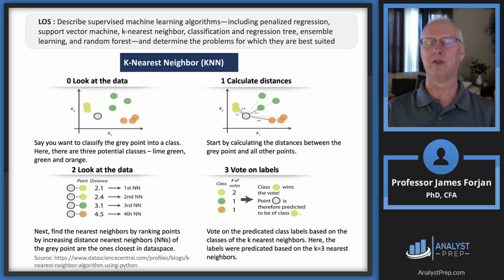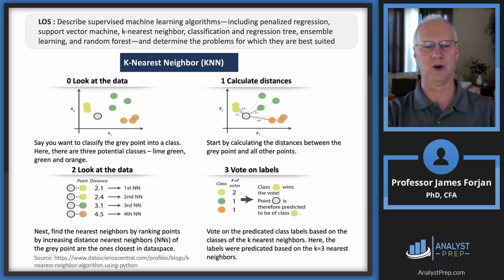And so what happens is that we just get out our ruler. Think about how simple this is, at least to start out conceptually. We get out our ruler and we compute the distance between the gray point and all other points. Now here it's just a handful of points, but imagine it being hundreds of thousands of points. Then we look at the data and see who is the nearest neighbor.